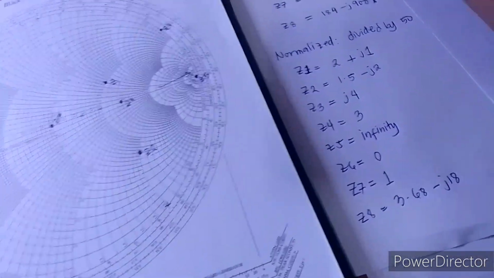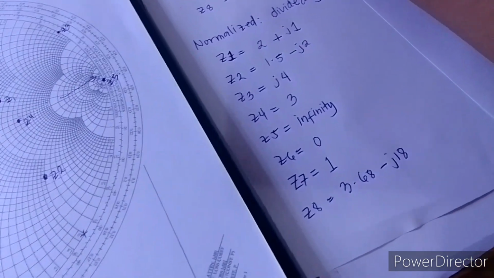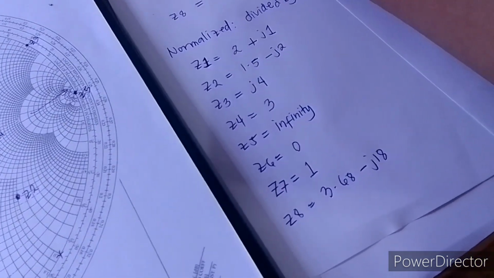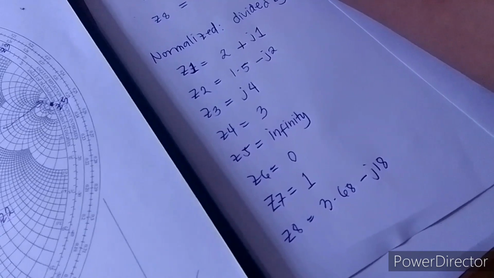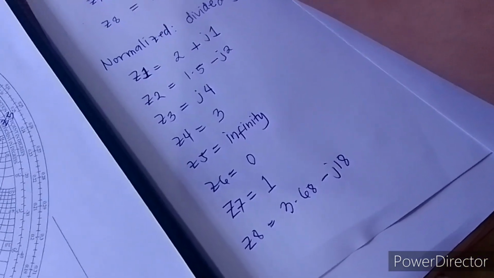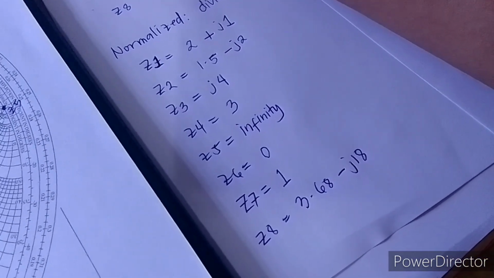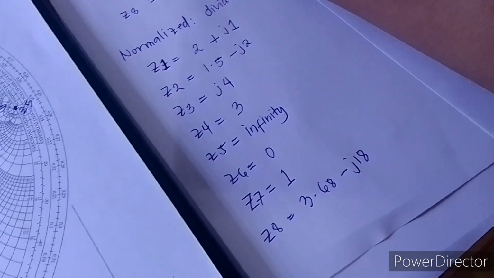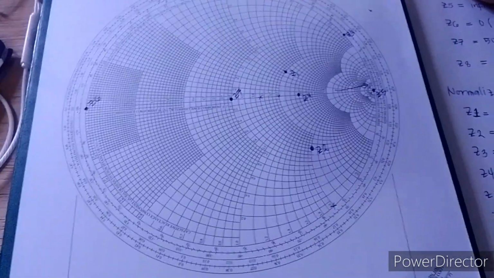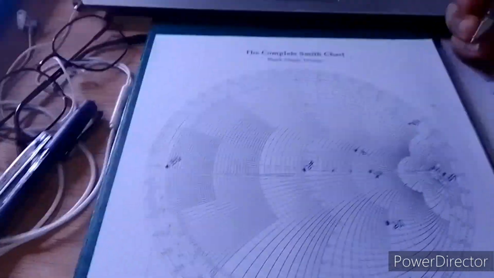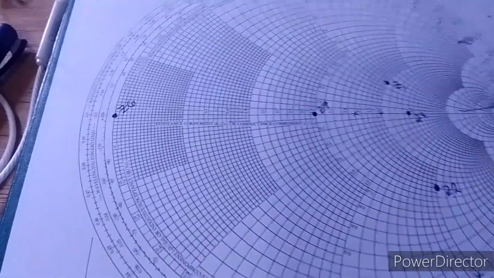Next is the Z8, which is 3.68 minus j18. You can observe that it is a negative j. Therefore, we're going to locate that one at the lower hemisphere of the Smith chart. But first, we're going to locate the 3.68.